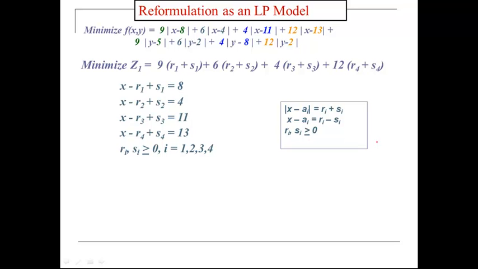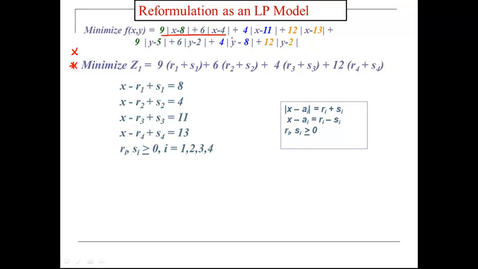If we let x minus ai be equal to ri plus si, then here we are looking at the absolute value of that expression. If we remove that, then we can say that this is going to be equal to ri minus si. And we can use that information to state the objective function. This is in terms of x.